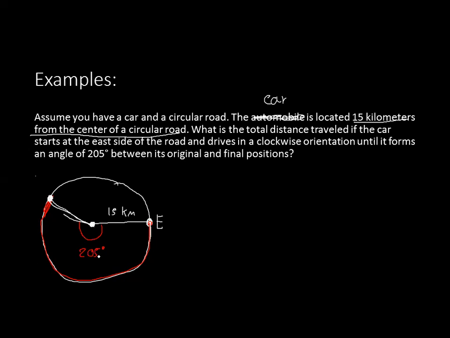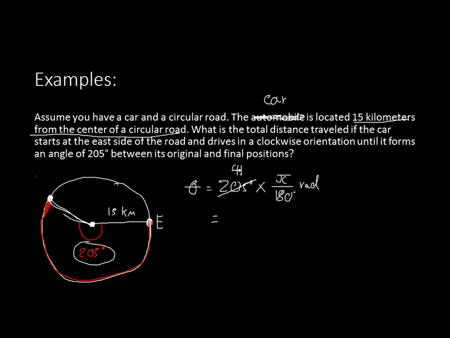Well, first we need to convert this into radians. So we have theta equal to 205 degrees, right? Let's convert it. Remember, multiply it by pi over 180 degrees. Here, I think they're both divisible by 5. 205 degrees divided by 5 is 41, exactly.